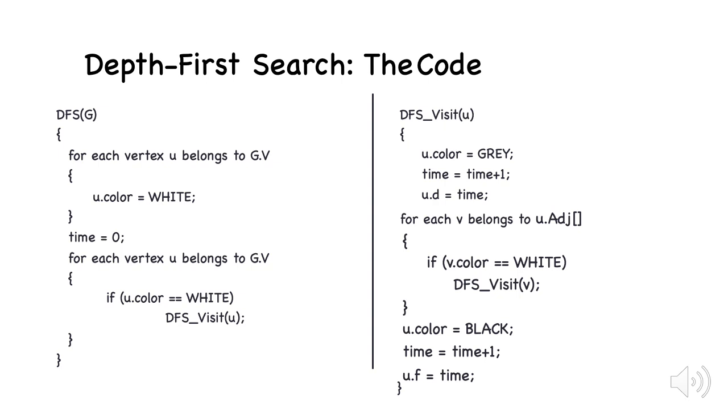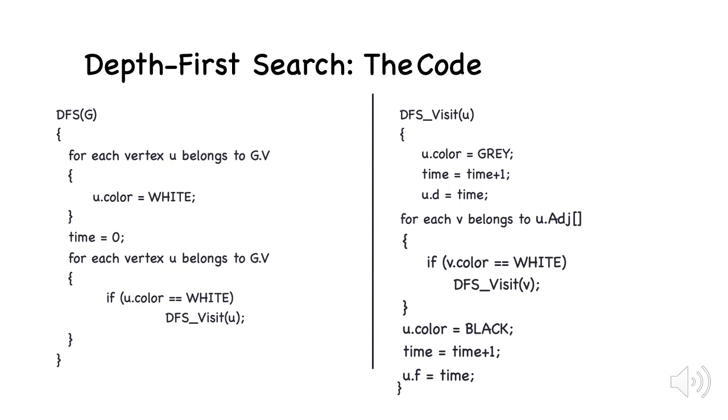The discovering time is represented as u.d, and the finishing time at the end of the code is written as u.f. The time when you arrive at a particular node for exploration, that means the gray colored node, is u.d. When it has finished its exploration, that means no more nodes to be considered from that particular node, you color it black, and then that is the finish time.